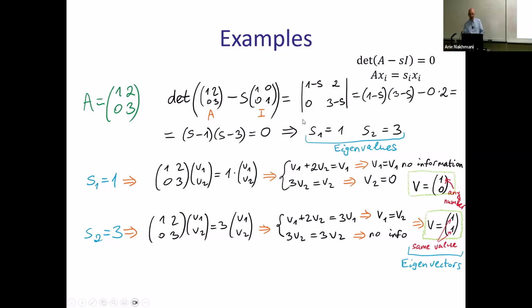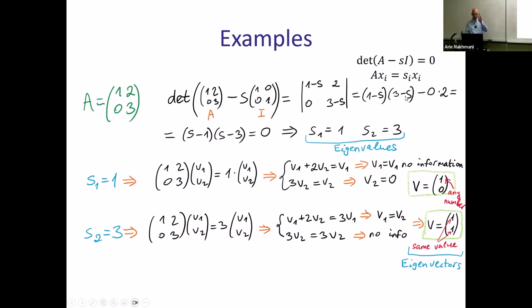So now I need the determinant of that matrix. To remind you, the determinant is the main diagonal multiplication minus the minor diagonal multiplication. So it's (1 minus s) times (3 minus s) minus 2 times 0, something like that, all right? So 2 times 0 cancels, and you get that.